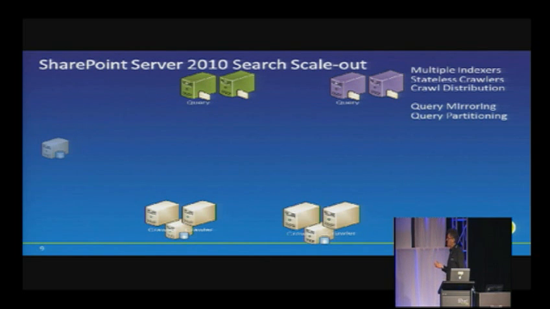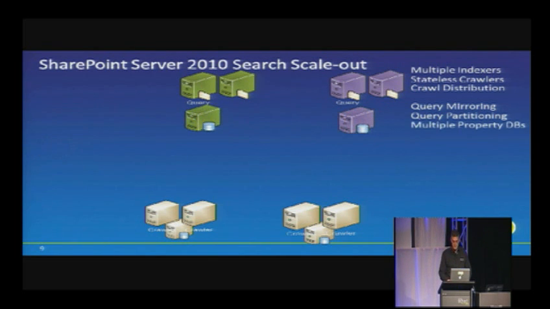We can also do now what we call query mirroring and partitioning. So instead of having to have all of our, say, front-end servers doing querying, we can specify which query servers are going to be used for which types of content. So the difference between our SharePoint content versus the content we're crawling on file systems, or if we're crawling a business data catalog, things like that, we can spread those around now.